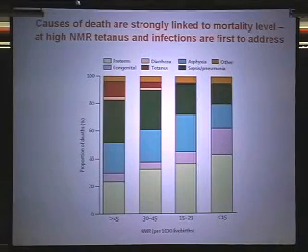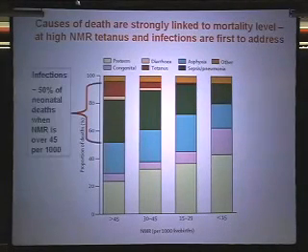Now, in the context of how infections relate to neonatal deaths, there is a transition. If you go to high mortality regions where neonatal mortality rates are greater than 45 per 1,000 live births, we believe that neonatal infections are a disproportionately large chunk and that they account for about 50% or more of all neonatal deaths. And this is borne out from several studies done in South Asia which have looked at this in community settings.